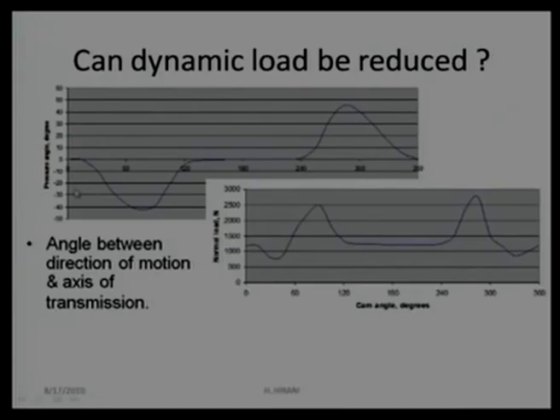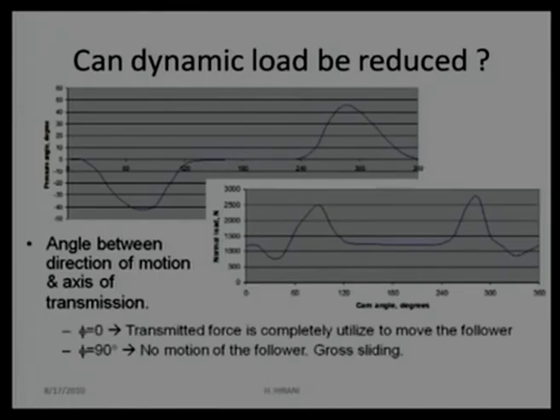To give a complete definition of the pressure angle, we can say the pressure angle is the angle between the direction of motion and the axis of transmission, the axis of load transmission along which the load is getting passed. And this gives a couple of good indications to us.